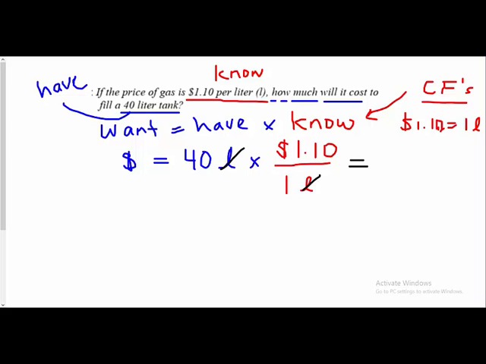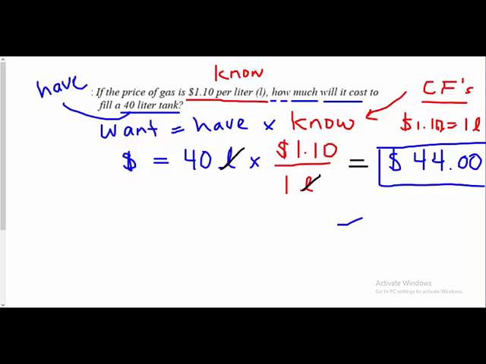I really don't need to divide by 1 in my calculator or multiply by 1 if you see that in a calculation, because it's going to give you the same answer. So it's 40 times 1.10, and my answer is going to come out to be $44. And I'll put 2 decimal places here because we're talking about money. A little later in this course, we're going to talk about significant figures, but we're not dealing with those yet. So $44 is our correct answer.